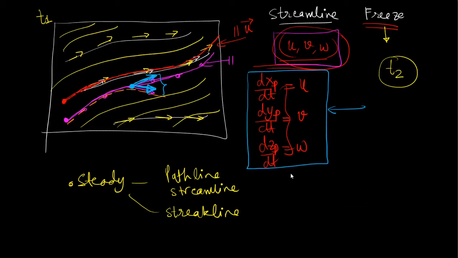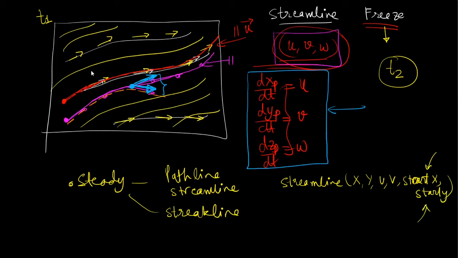So in MATLAB, you just do streamline with x, y, u, v and the starting points in x and y. You can choose where to initialize your starting points, here, here, here, and it will draw the streamlines along those directions.